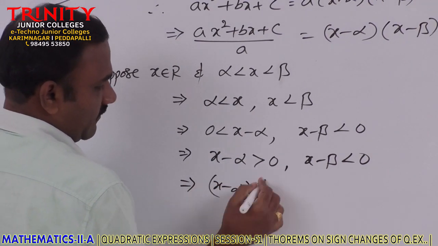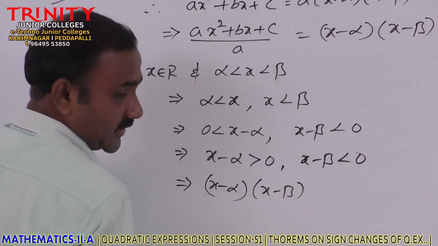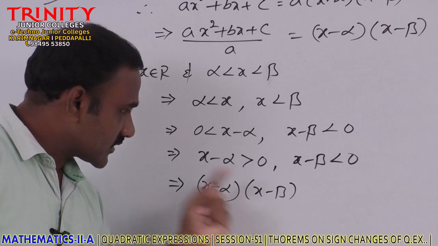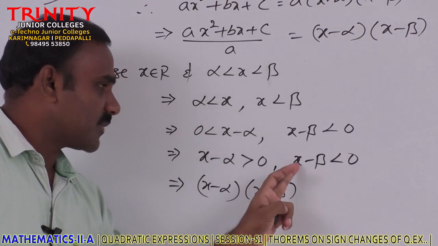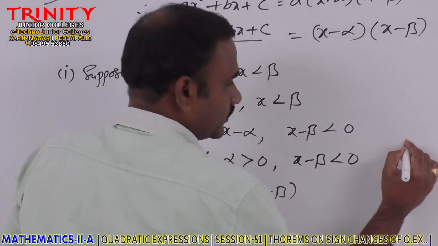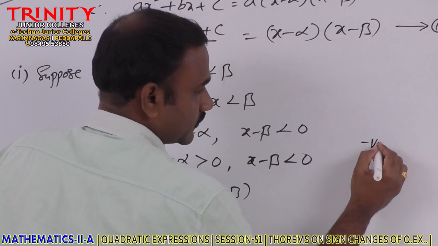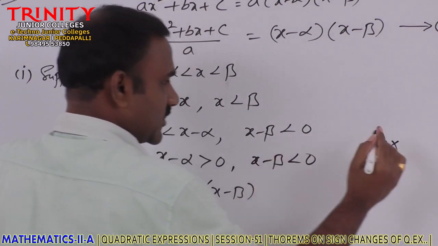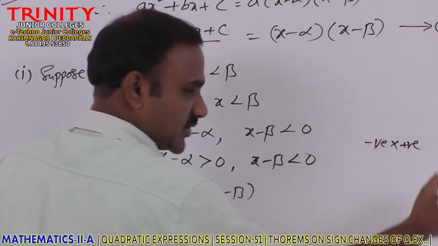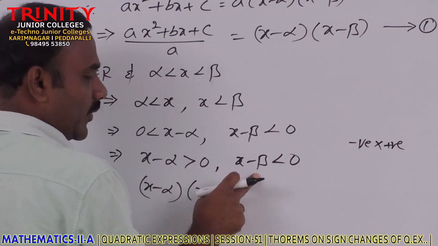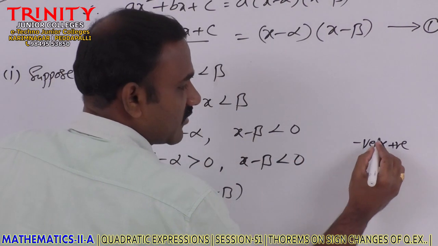What will we get? X minus alpha into x minus beta. See students, x minus alpha is greater than 0, so this is positive, and x minus beta is less than 0, so it is negative. Positive into negative, finally what will we get?